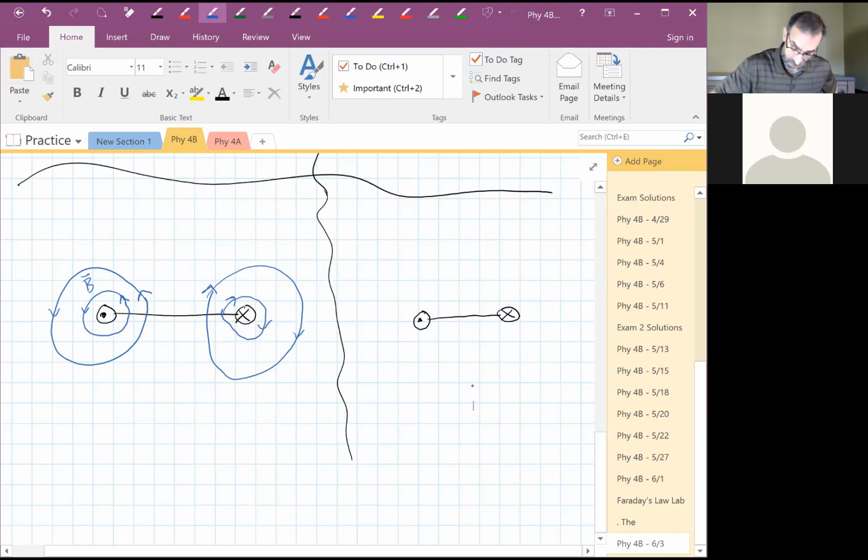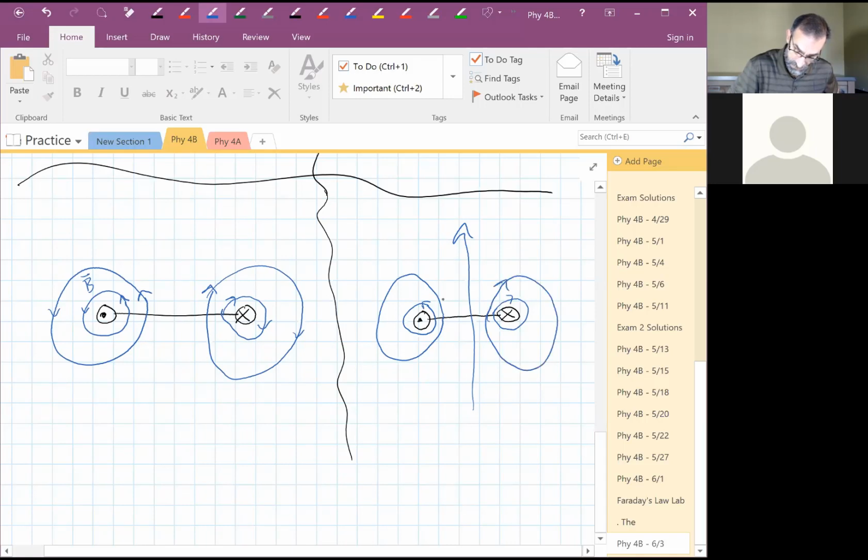Down the center, we've got a field line that's doing that. And over here, we've got one that's doing kind of that. And then we've got one maybe that's doing something like that. And one that's doing, anyway, something like that, right?